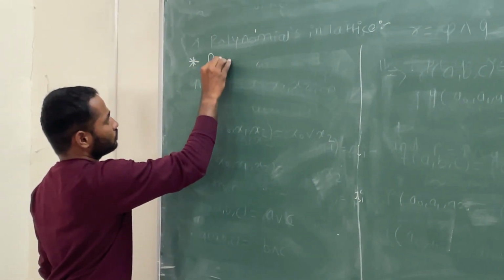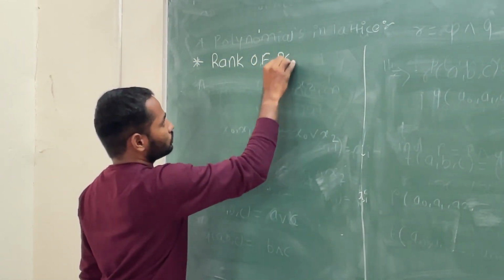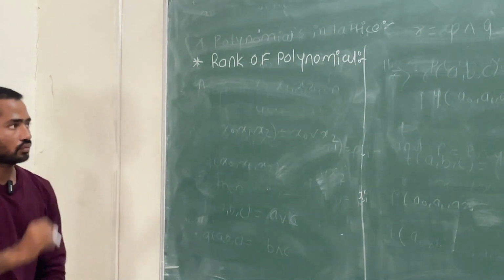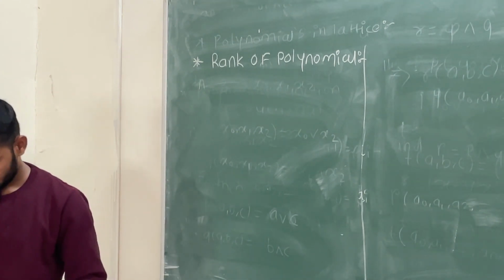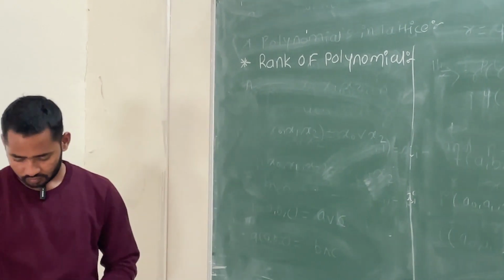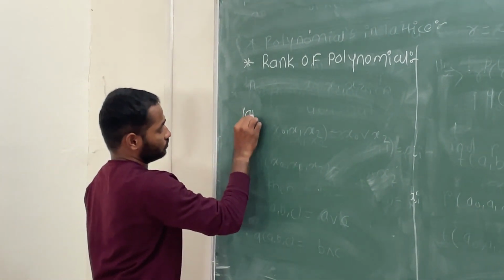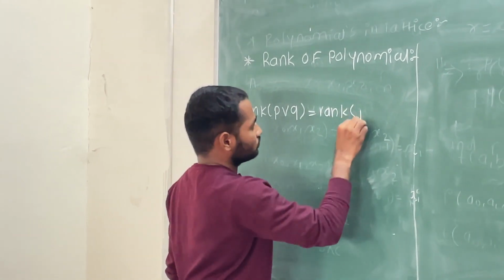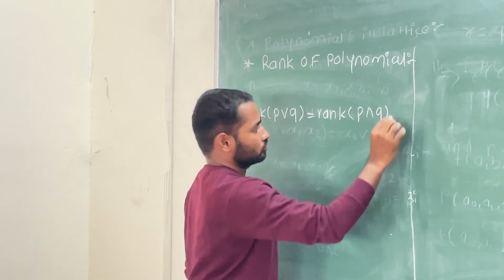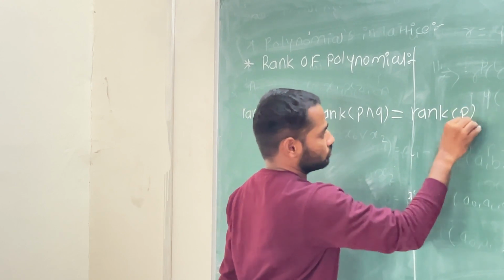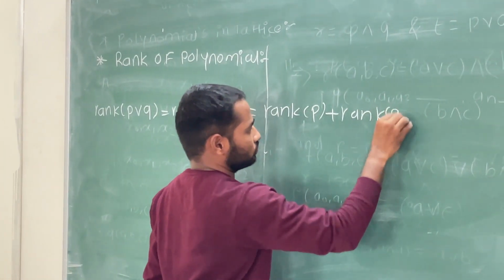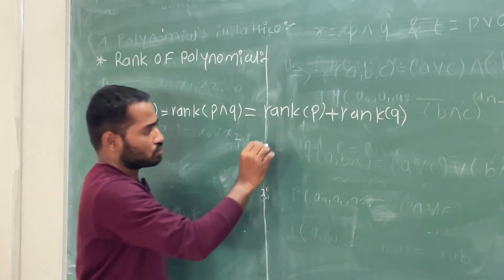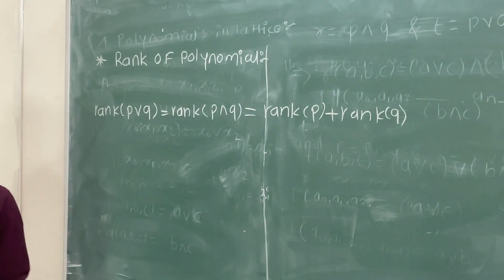Rank of a polynomial. Here rank of P join Q is equal to rank of P meet Q is equal to rank of P plus rank of Q. How to find the rank of Q?